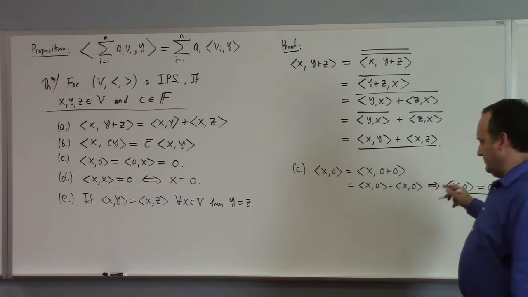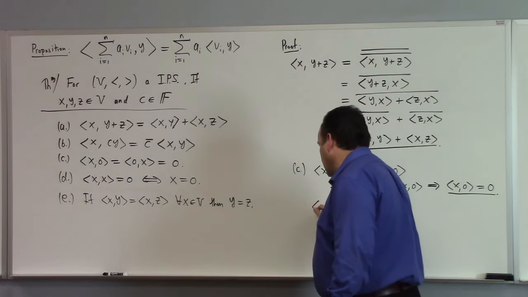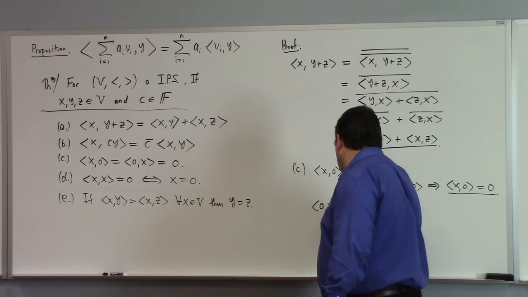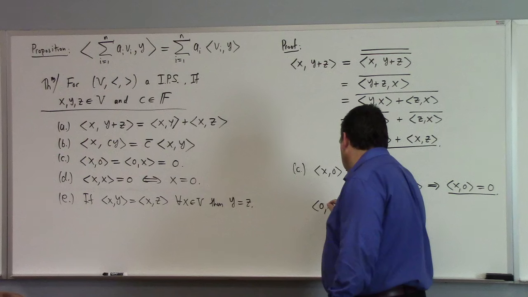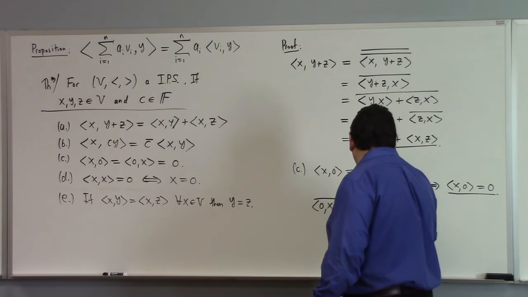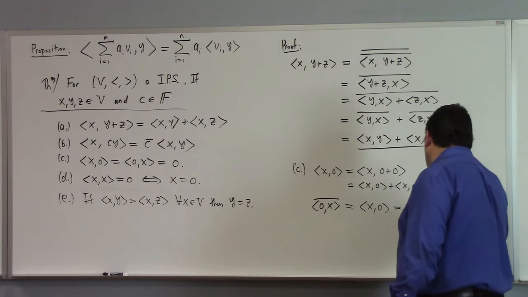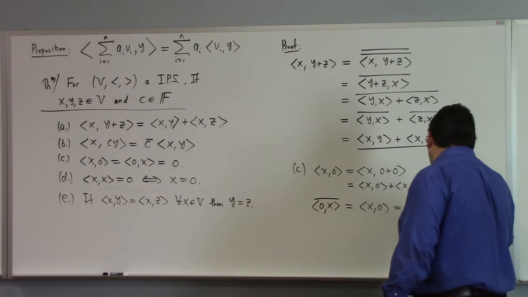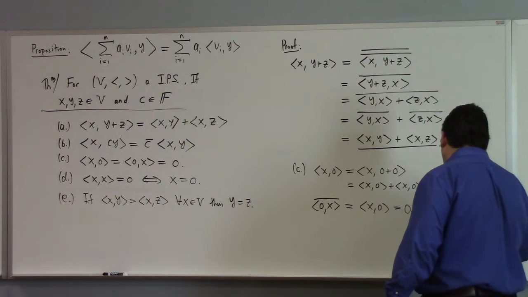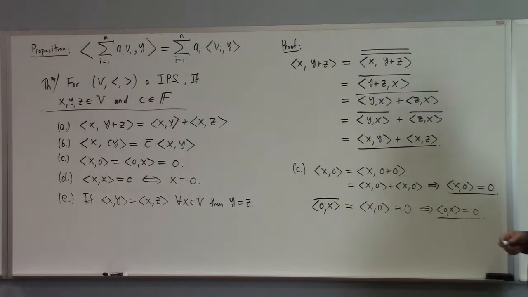And once you know that, you also know that 0 comma x, taking the complex conjugate of that equation, is equal to x comma 0, which is equal to 0, which implies that 0 comma x is equal to 0. Okay, we got it. Let us move along.